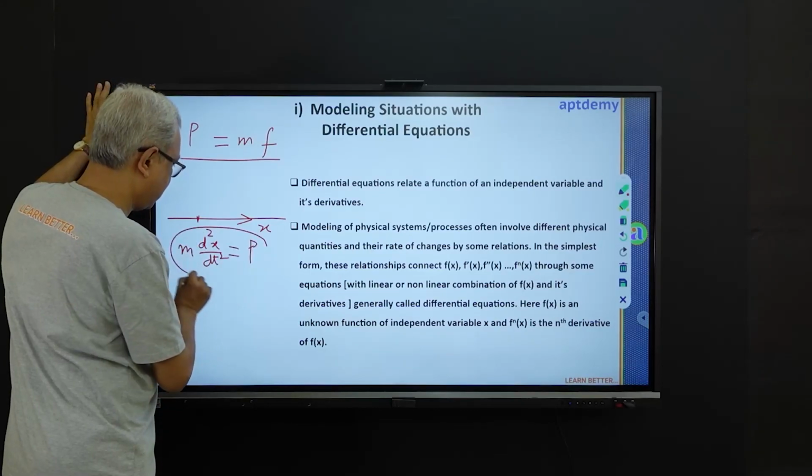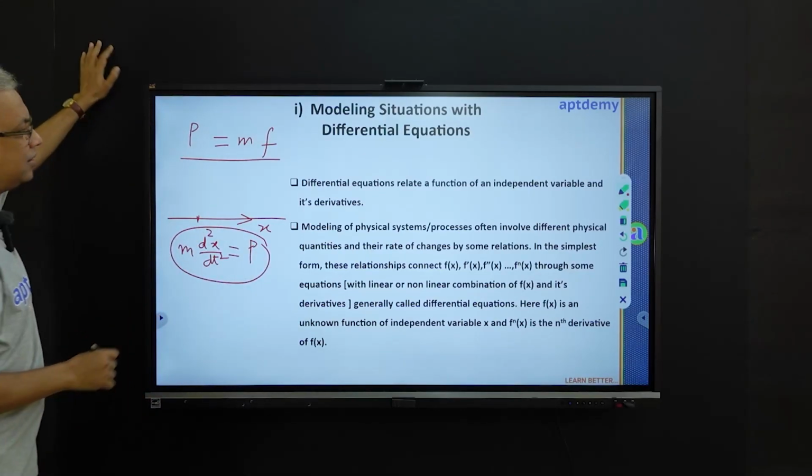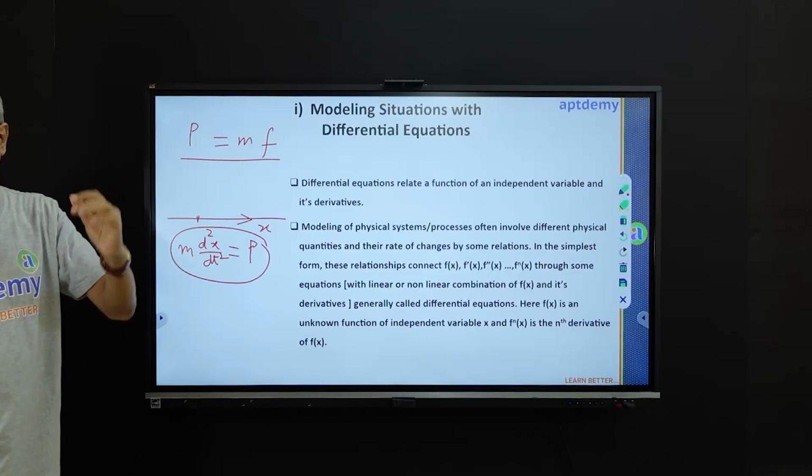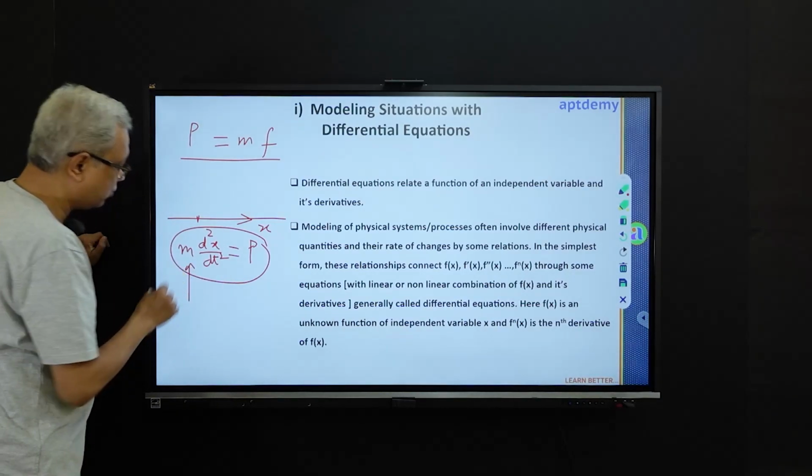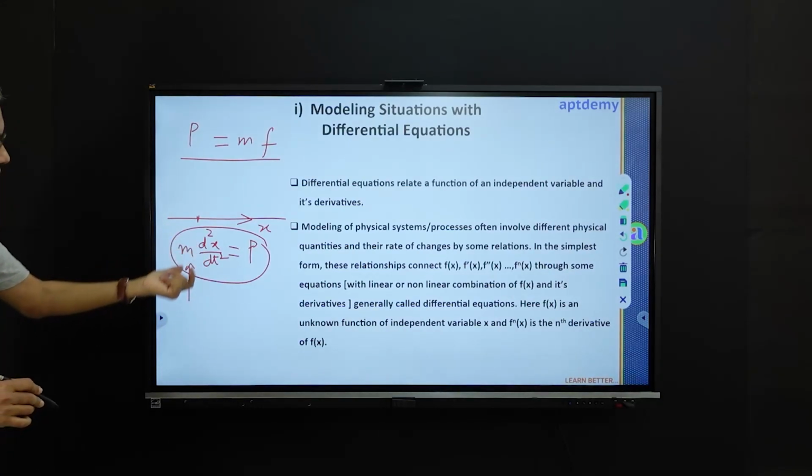So this is a differential equation, and generally while solving mechanics problems, we begin with this type of equation, which is a differential equation of second order.